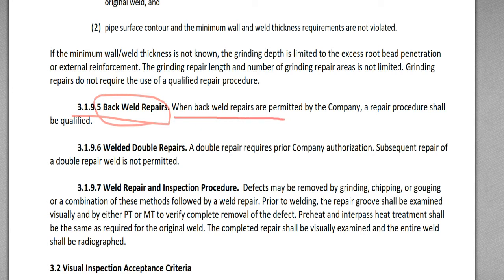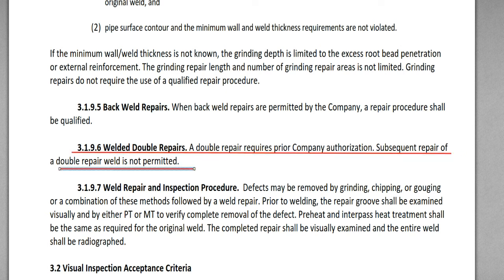When backward repairs are permitted by the company, a repair procedure should be qualified. Backward repair is possible, but a qualified repair procedure is required. A double repair requires prior company authorization. Subsequent repair of a double repair is not permitted, not allowable.